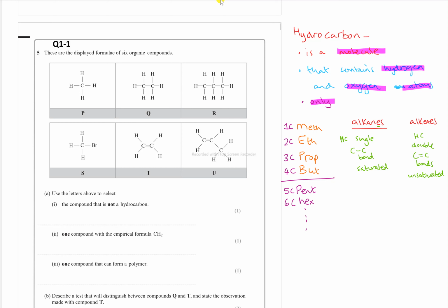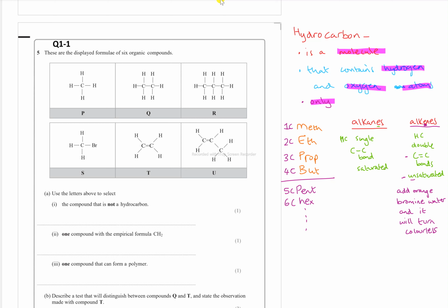How do you test for an unsaturated compound or an alkene? You add orange bromine water, and it will turn colorless if you have an unsaturated compound or an alkene.